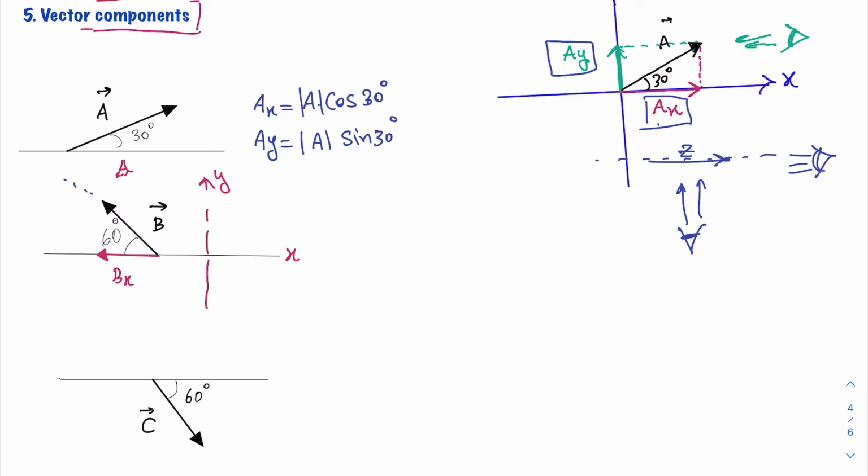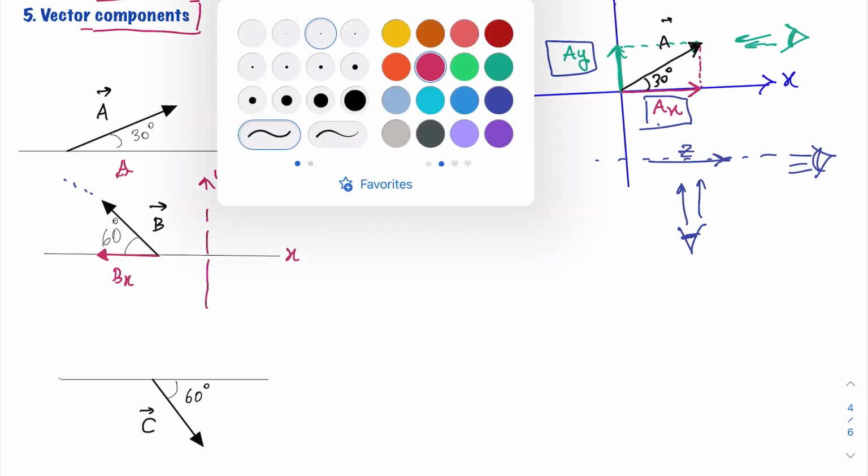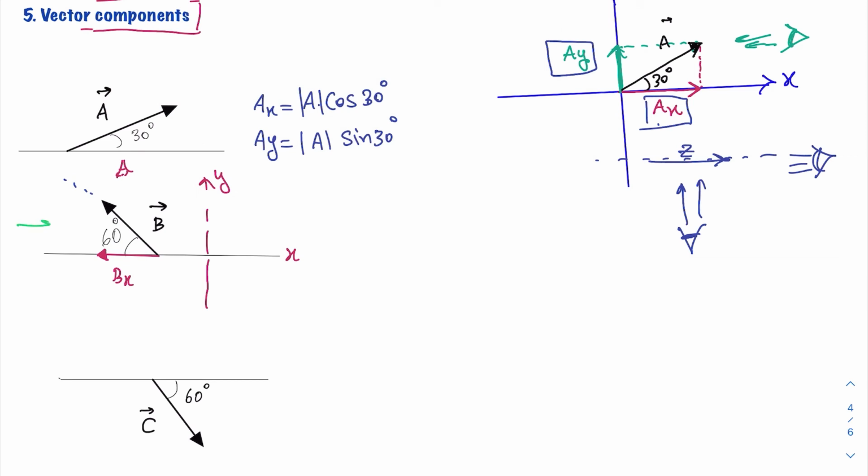And similarly, if I look at the vector from this angle, this is my eye, for example, I will see this projection along the y-axis, which I will call b sub y.